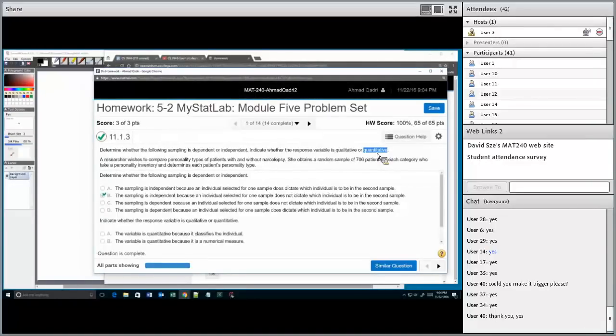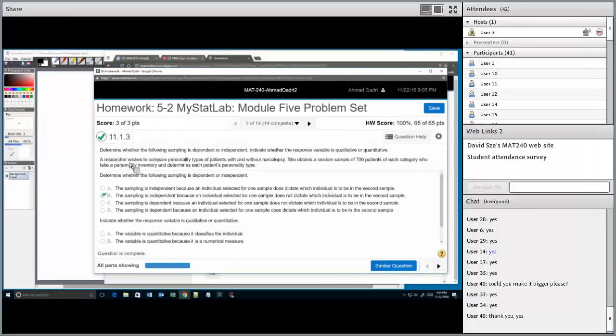Something you can measure, something you can calculate, that's quantitative. Qualitative you can't. Let's read this problem now. The independent and dependent sampling will be best explained once we go through this example and then see which option is correct.